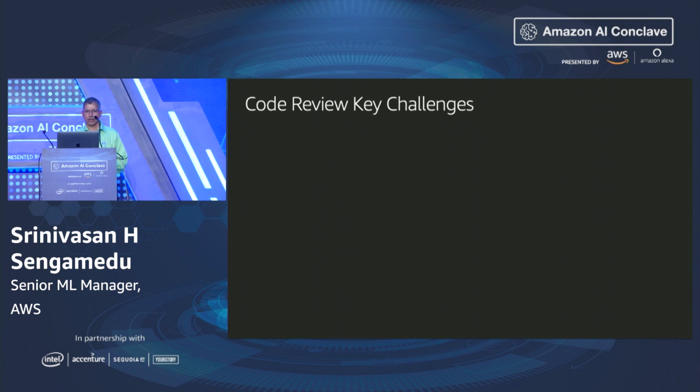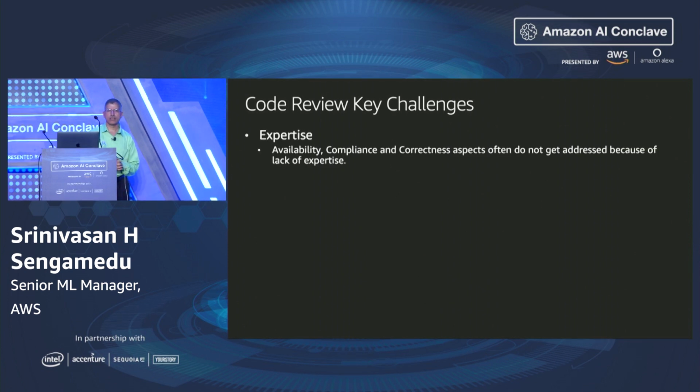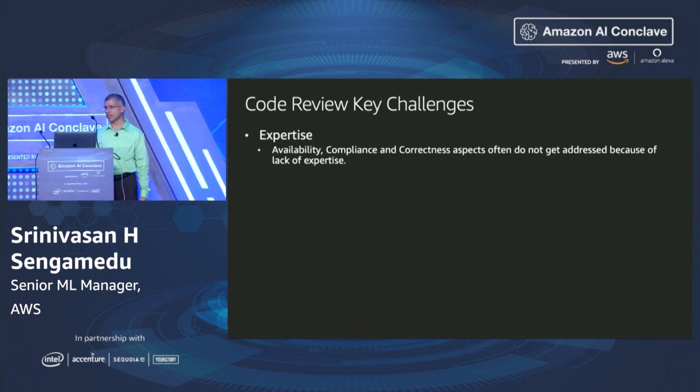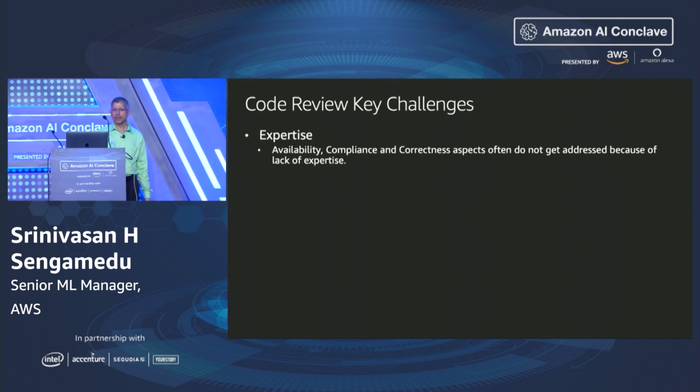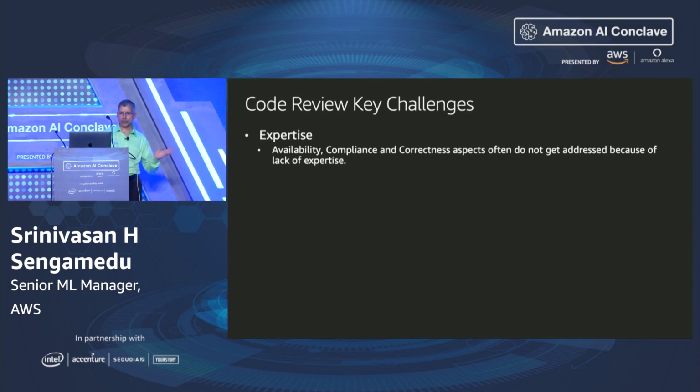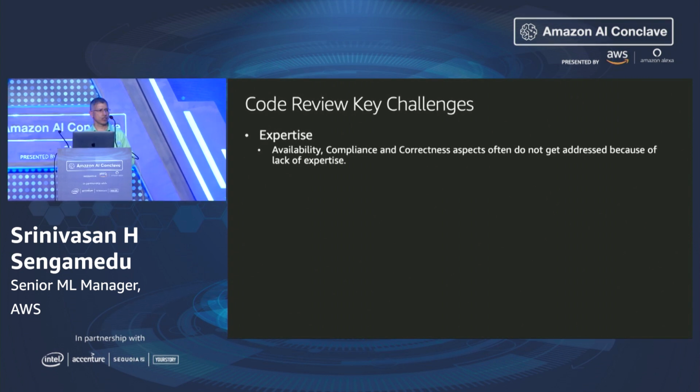Some of the key challenges with this process are, the first one is the availability of expertise in teams. Software has so many aspects like availability, compliance, correctness, and so on. And these aspects are often not addressed or not fully addressed in code reviews, mainly because of the lack of time and expertise.